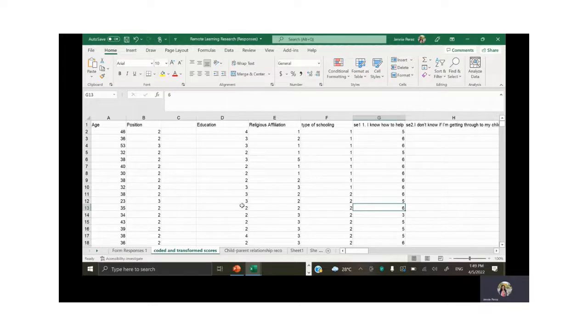These are already the responses coded into numbers that Excel can understand. So age 46, 36. I did not have to recode it because the information were in actual numbers.